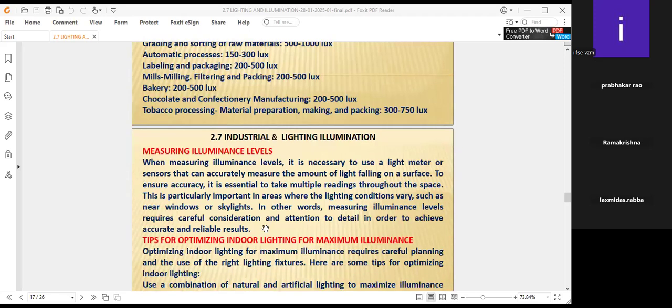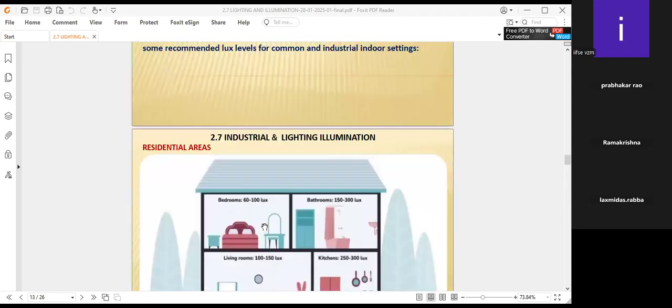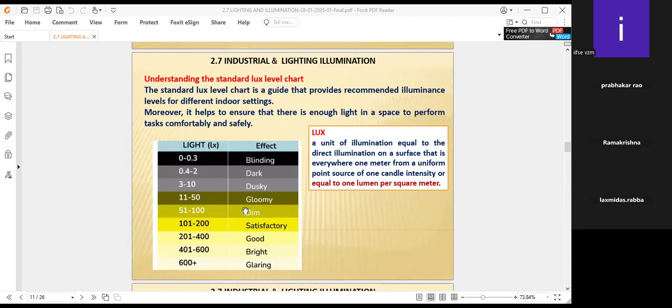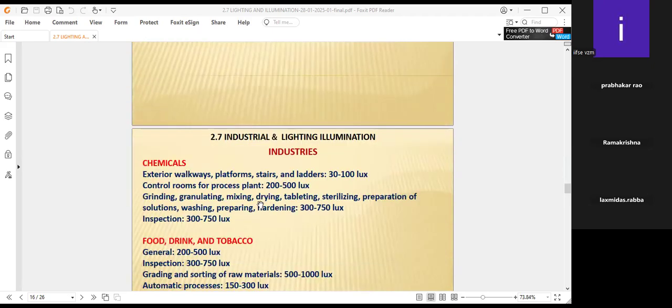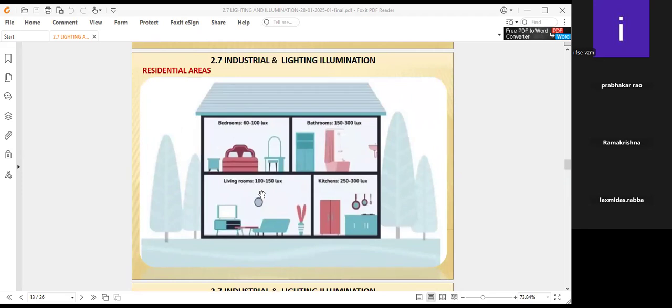For example, a bedroom is 60, 62. These are only opinions of the experts of lighting.